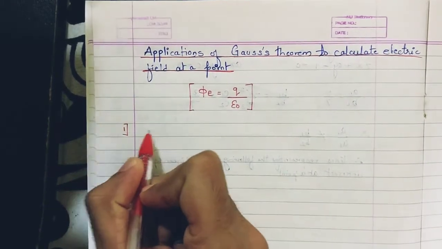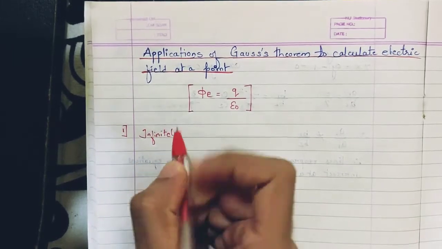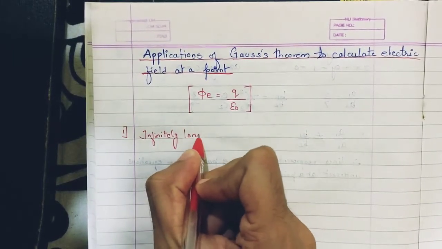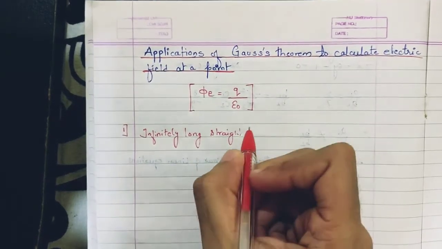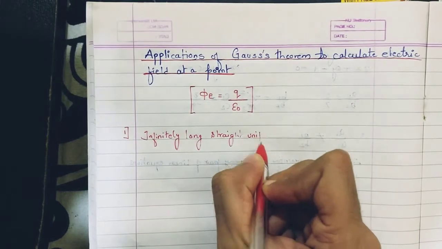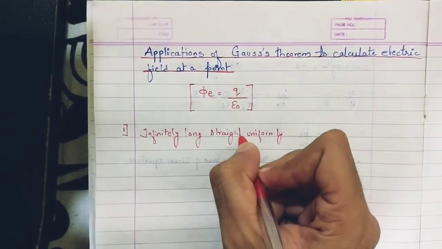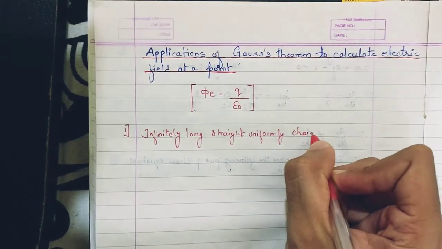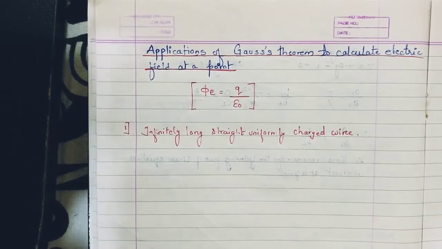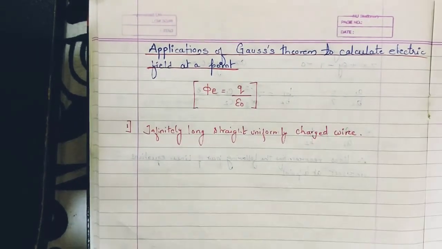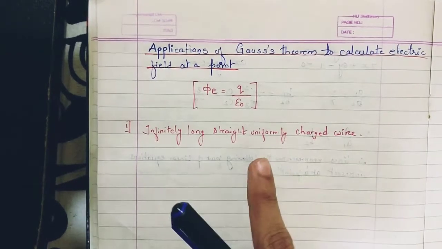So let's write that down. Infinitely long, straight, uniformly charged wire. So here you are given a wire that is infinitely long, it's straight, and it is uniformly charged.